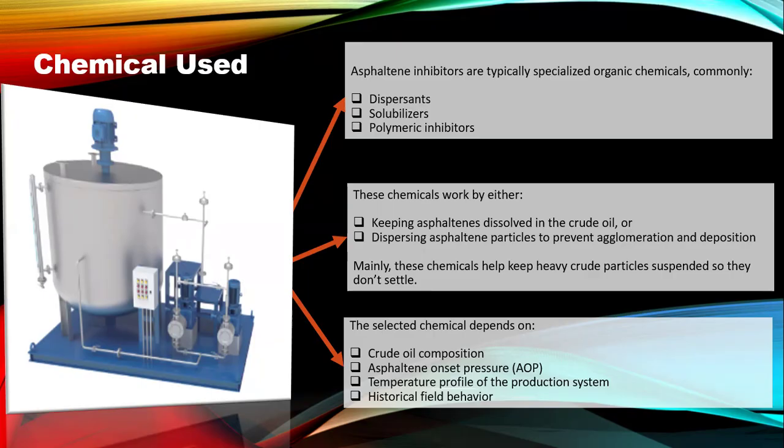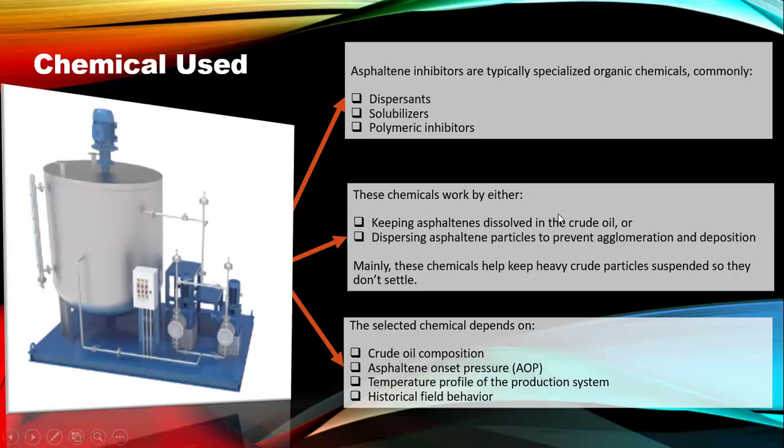So what it will do is help to keep them from agglomerating. It will not allow them to form that sticky part that will attach itself to the surface of the pipe, right? It will break down the particles of the asphaltene so that they will be able to dissolve and flow easily within the pipe.